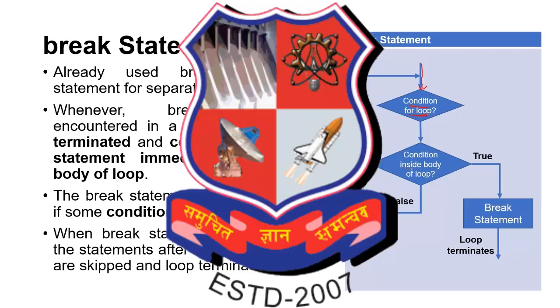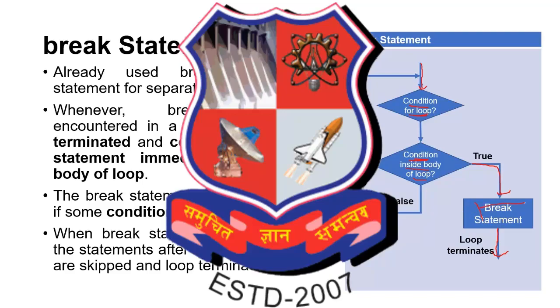Now inside the body of the loop there is a condition, and if this condition is true, then control is given to the break statement, and if the break statement is executed, the loop will terminate. Over here the loop is terminated and control transfers to the statement immediately after the body of the loop.